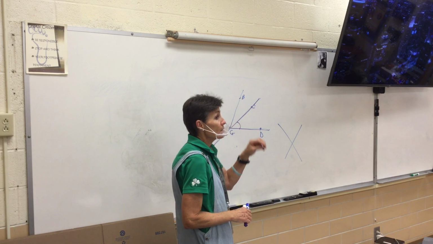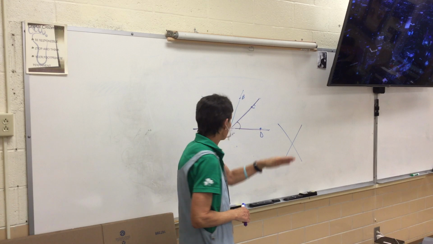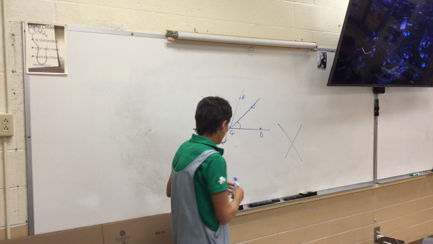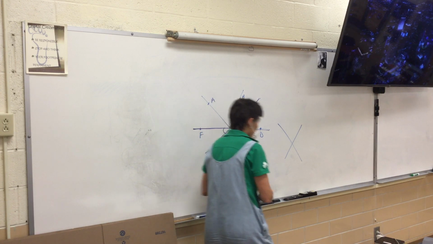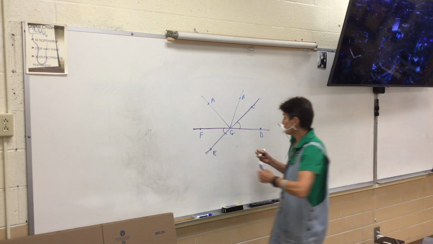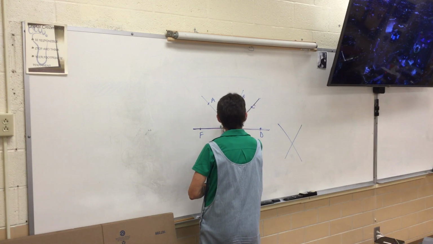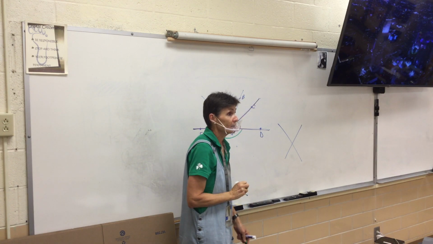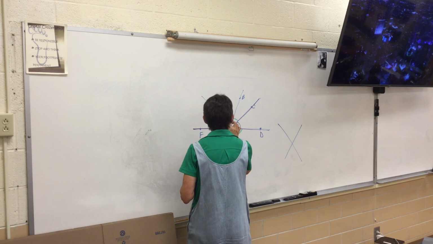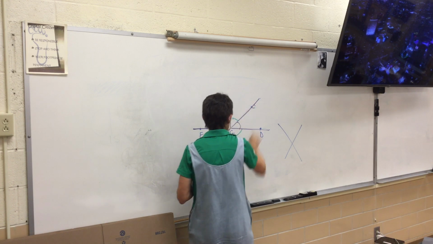Now, number 11 talks about vertical angles, again, which means they have to be formed by these intersecting lines. If these are the acute ones, then wouldn't this and this be the obtuse ones? Let me get this out of the picture, and that might help. Can you see it now?